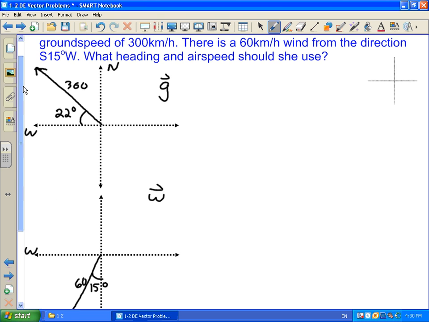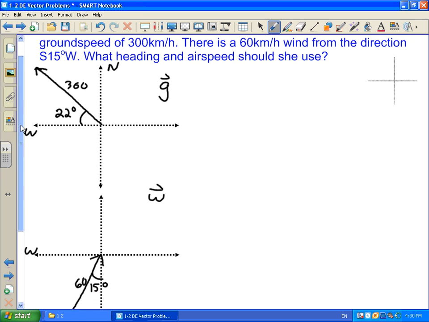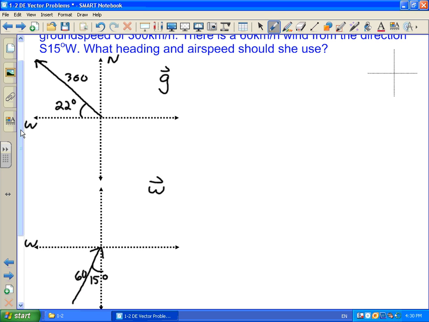Now, the wind is from that direction, so this vector points in towards the origin. So those are the two vectors we're given, and what we're trying to find is the airspeed and the heading. So we want to find this air velocity vector, A.